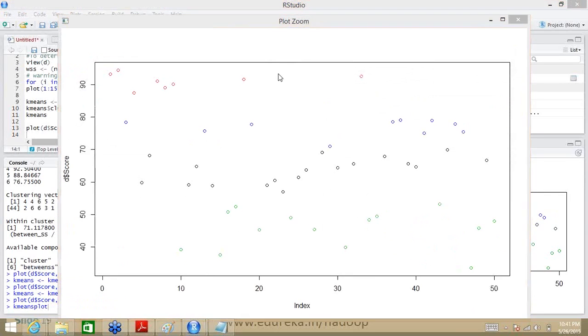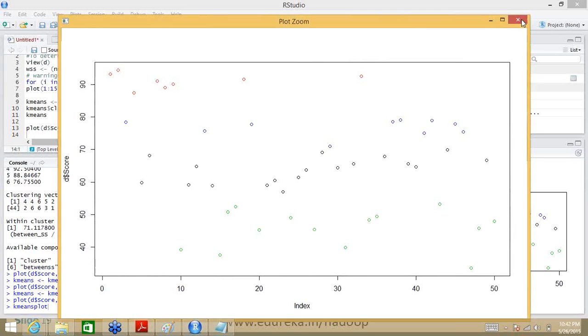Let me zoom this and see how it is clustered now. 1, 2, 3, 4. There are 4 clusters here. This is the number of people in the distribution, and based on the score, how they are clustered. That's what we are trying to say here.